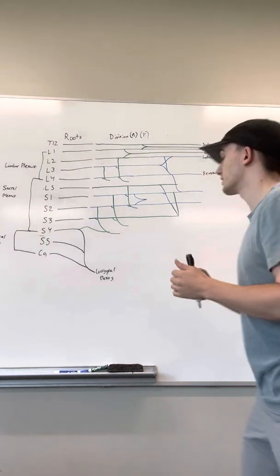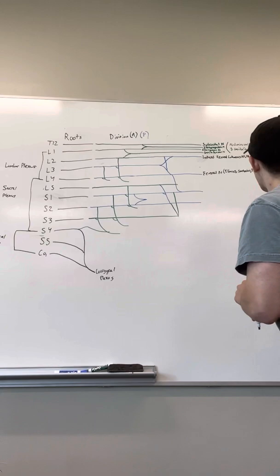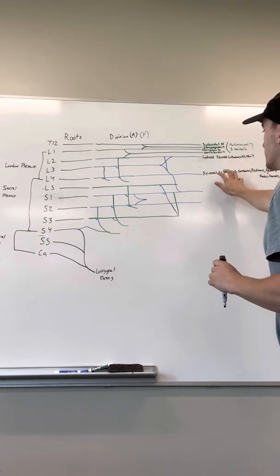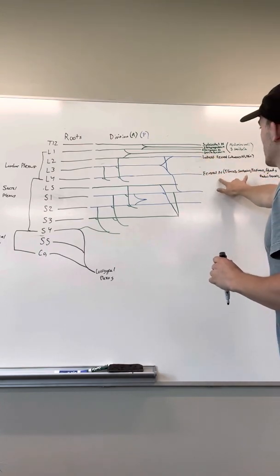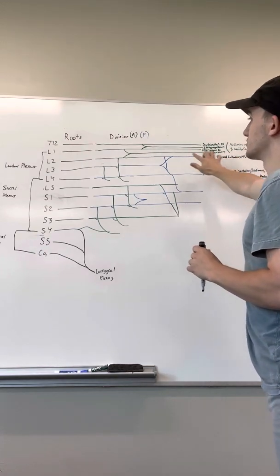The quads make up the rectus femoris, the vastus intermedius, vastus medialis, and vastus lateralis. So femoral nerve is from L2, L3, and L4. The lateral femoral cutaneous was just L2.